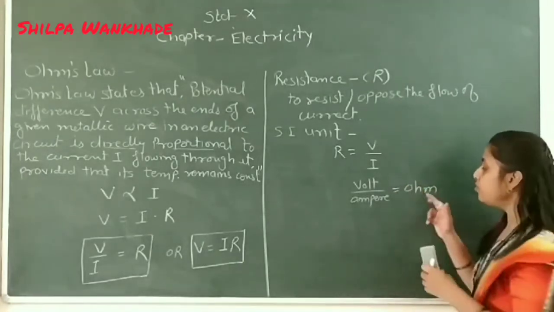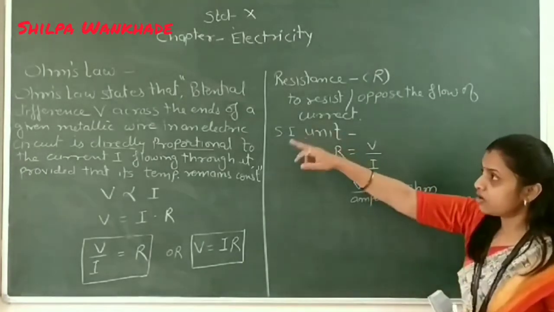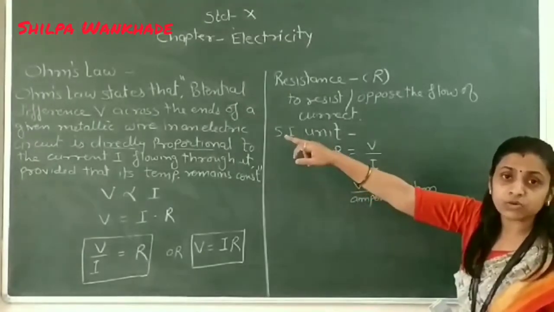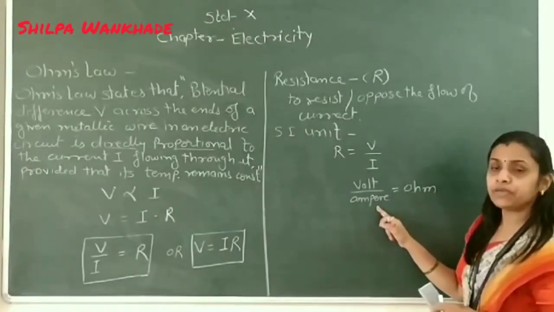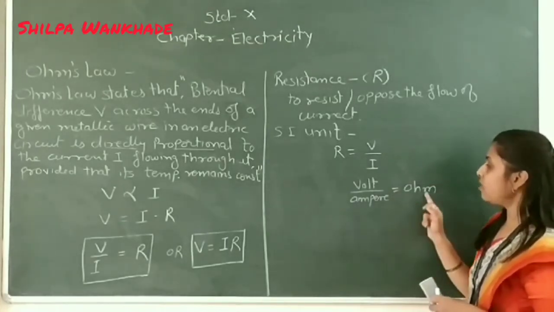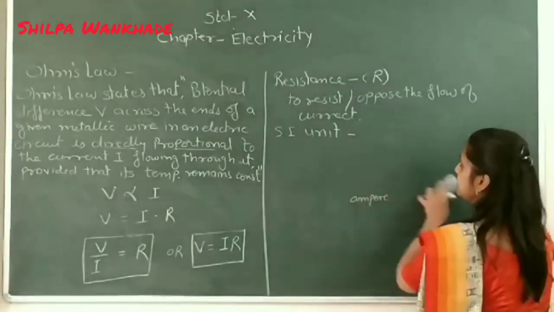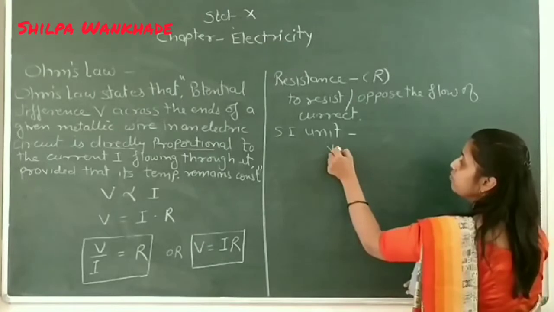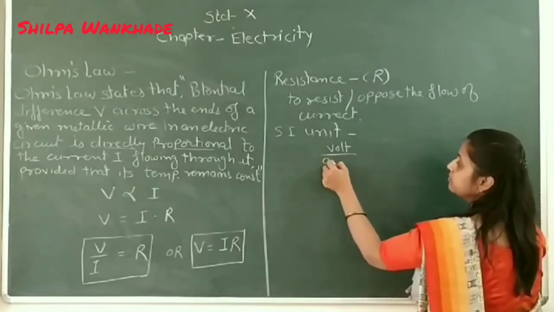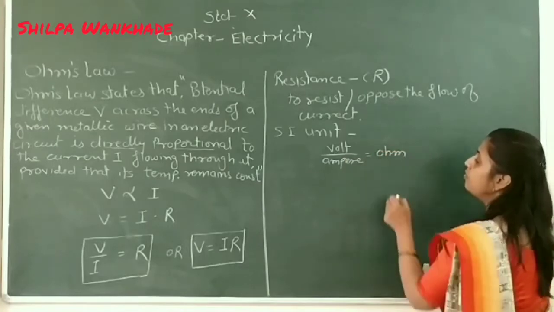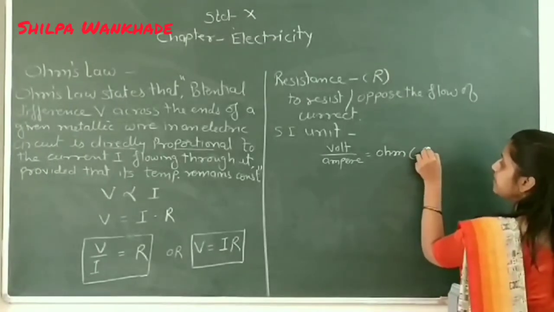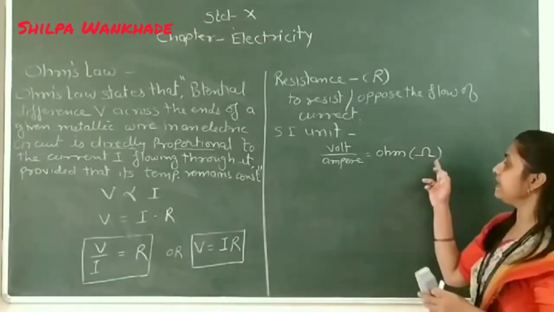Ohm is the name of the scientist on whom the law is based, that is Ohm's law, and therefore volt per ampere, this SI unit, is called ohm, and its symbol is represented by this Greek letter.